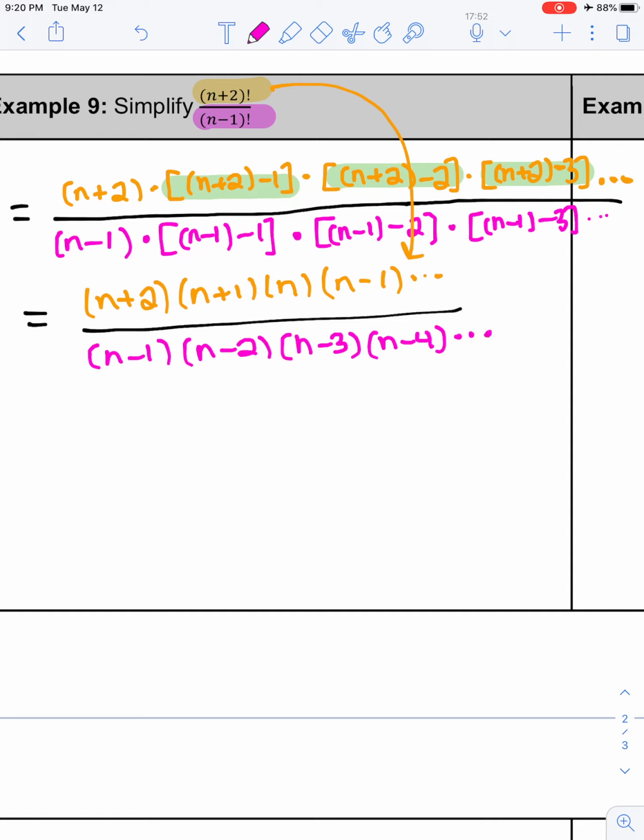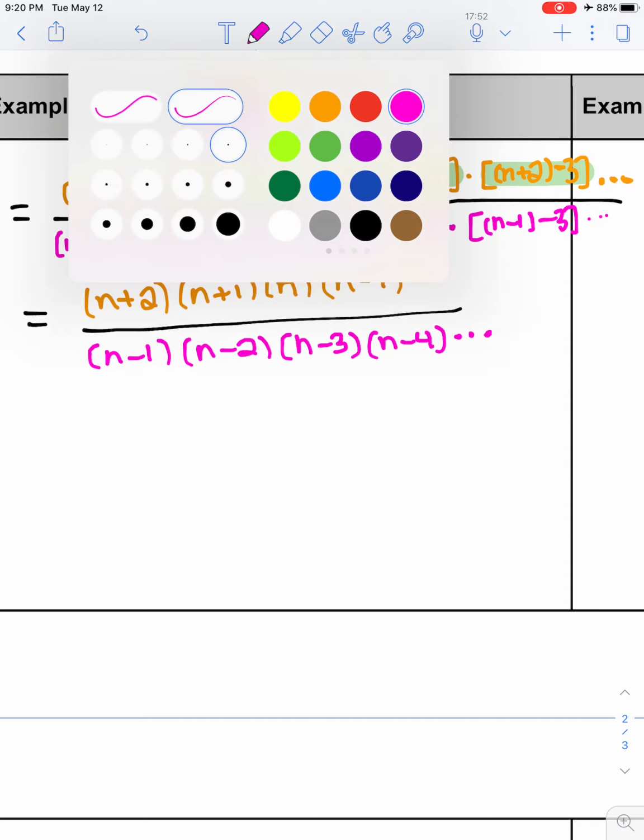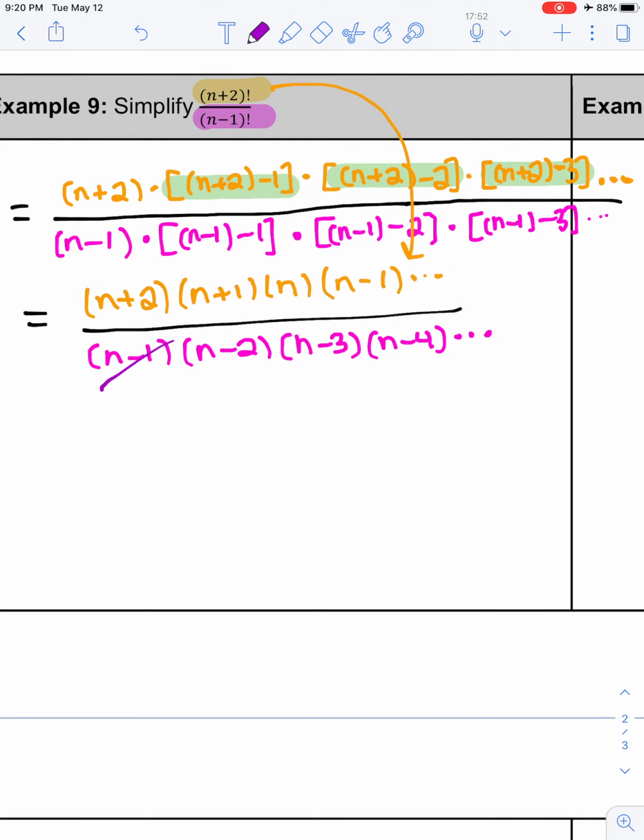Okay, so looking at this, I see right off the bat this common factor of n minus 1 and n minus 1. We talked about earlier that this pattern is going to continue, right? This decrease in the numerator of 1 is going to continue. So what's happening here in this dot, dot, dot is an n minus 2, and then an n minus 3, and then an n minus 4, and so on and so forth.